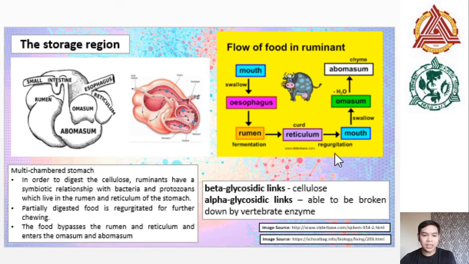The partially digested food is then regurgitated, or brought back to the mouth for further chewing, before being swallowed for a second time. This time, the food bypasses the rumen and reticulum. This is achieved by the presence of a fold in the rumen wall, and it enters the omasum and abomasum, which can be considered to be a true stomach.